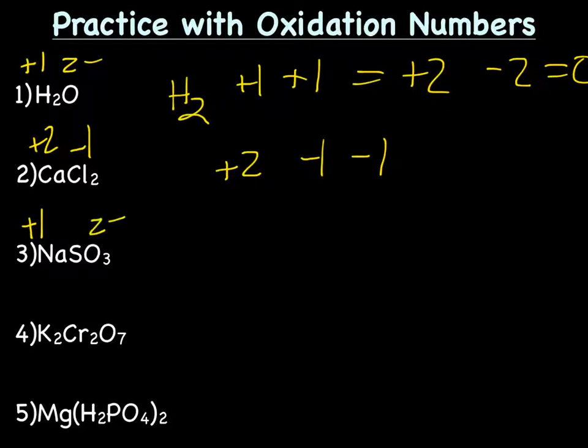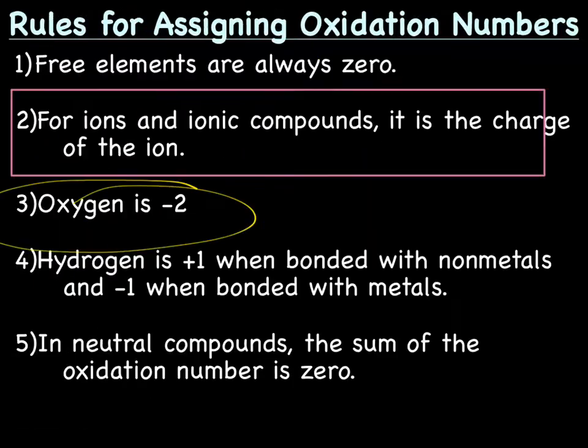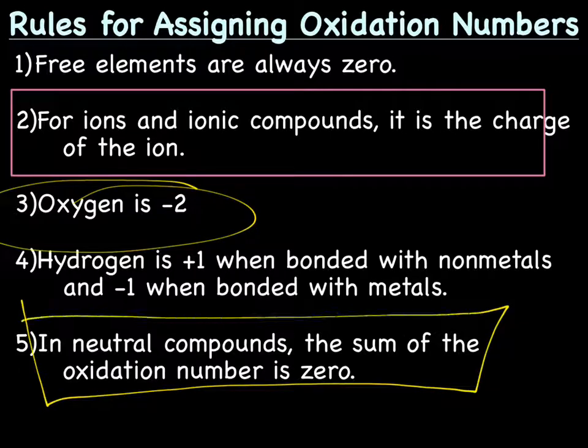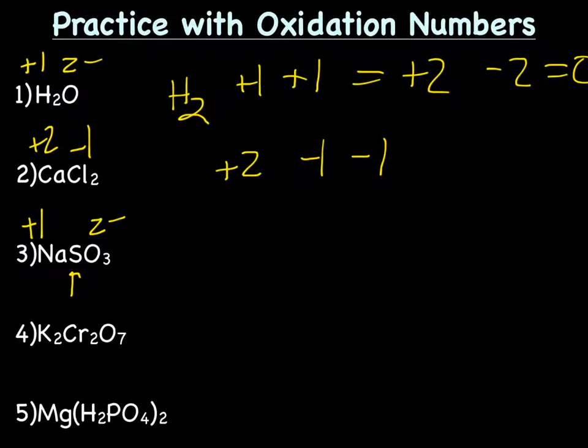Now we're going to use this last rule to figure out the oxidation number on sulfur. We're going to use the rule that in neutral compounds, the sum of the oxidation numbers is always 0. So for the Na, we know we have a +1. We don't know about the S yet. We know that the O's are 2-, however, there are 3 of them. Whoops, I didn't do a very good job on that.